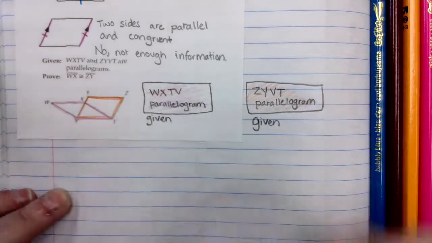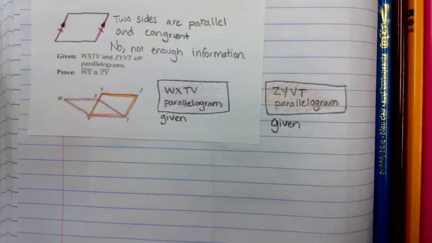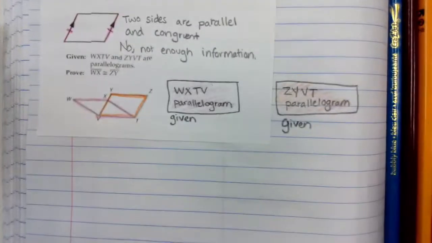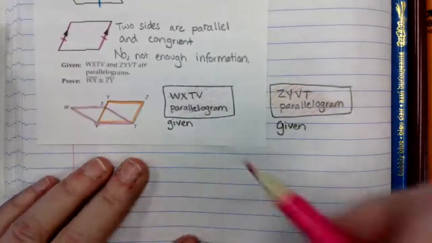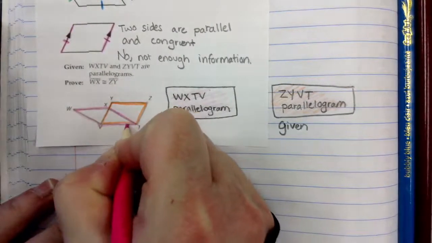All right, I just shaded mine in a little bit different colors there. I did pink for my WXTV. That way when we look at it, we can kind of talk about it in the same format. And then I did orange with my ZYVT.